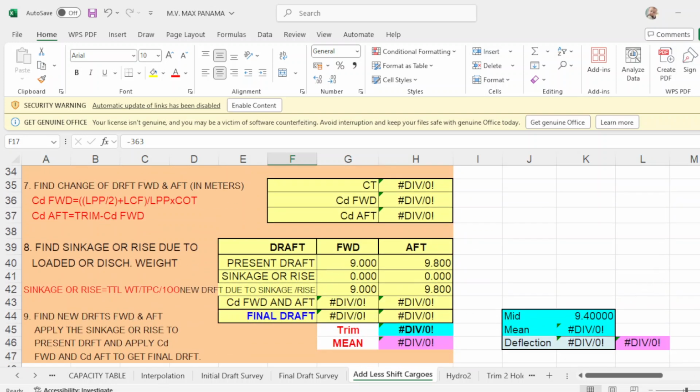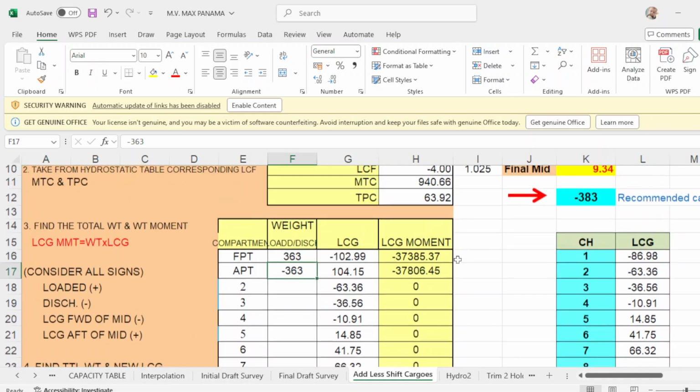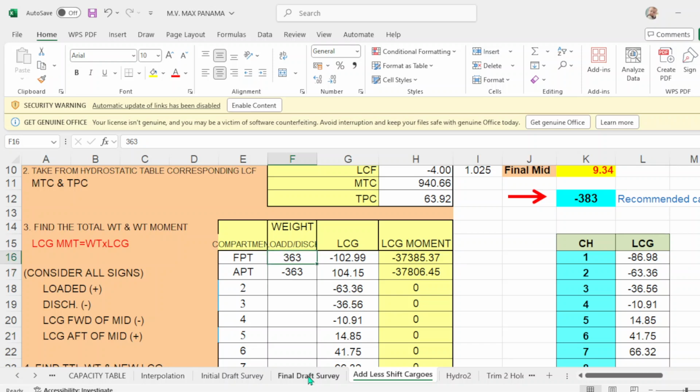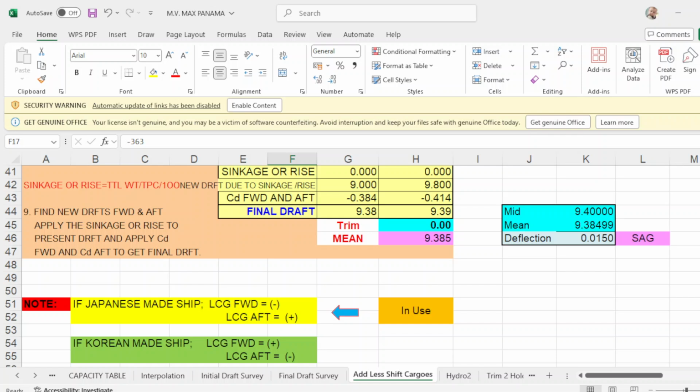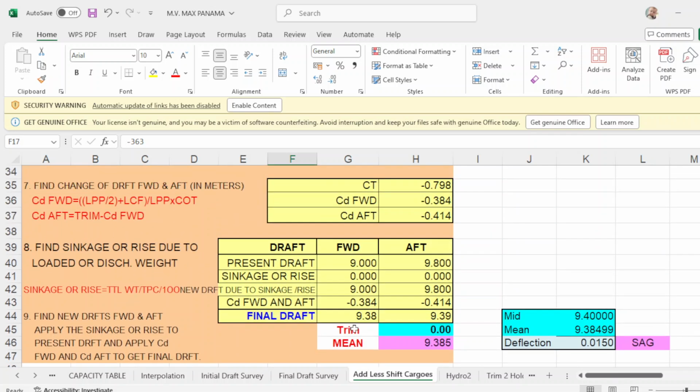So what you do, make it 362, 1 ton less. 362 positive because you're going to load or ship the ballast in fore peak tank. Then you will have a final drop of forward 9.38, and your aft drop will be 9.39, and your mean will be 9.39. That will be as good as even keel.